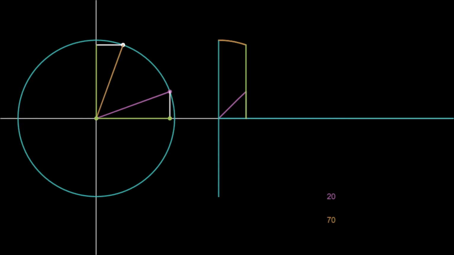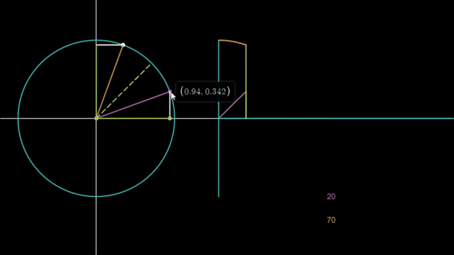Now in order to go from this point here to this point here, what we do is we reflect this point in the line given by 45 degrees. So if we put this line in here, you can see that this point gets reflected in this axis and it goes to this point here. So we're generating our identity that relates the sine and the cosine via a reflection.